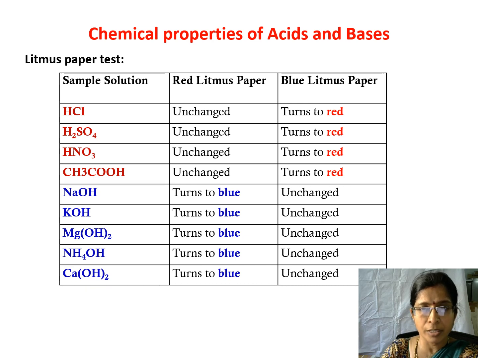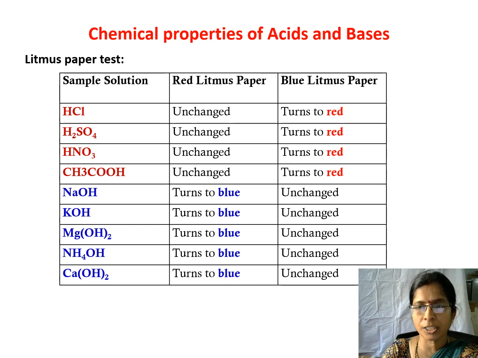Now, when this red litmus paper is tested with bases like sodium hydroxide, potassium hydroxide, magnesium hydroxide, ammonium hydroxide and calcium hydroxide, it was observed that the color of the red litmus paper turns to blue. So, we can say that the red litmus paper turns to blue color in basic medium.